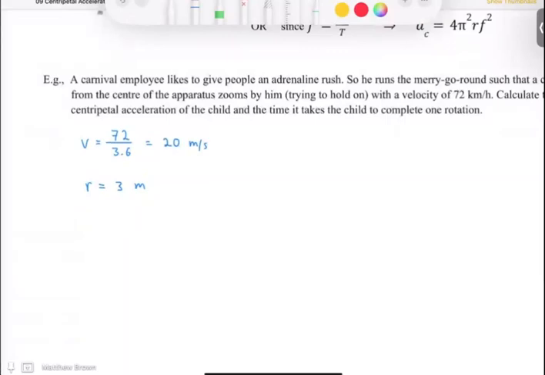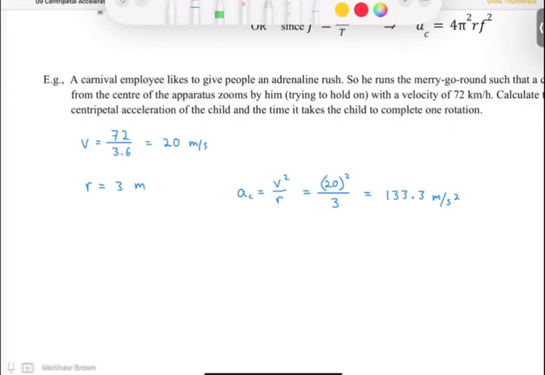It's just v squared over r, which is 20 squared over 3. And that's 133.3 meters per second squared. Same units as regular linear acceleration. So it's pretty good acceleration.